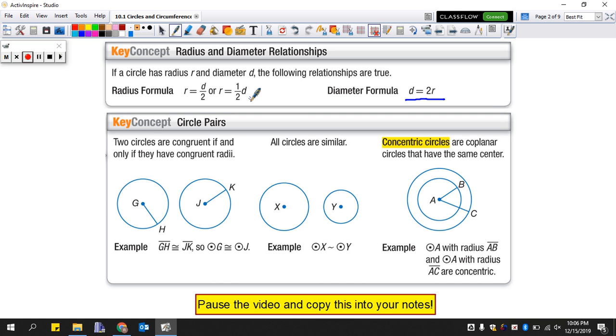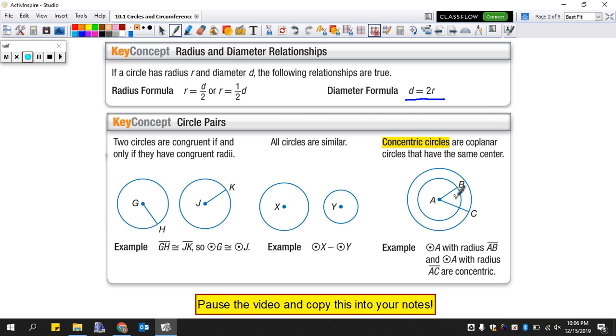All right, so circle pairs. If you have circles that interact with each other, 2 circles are congruent if and only if they have congruent radii. So if the radii of 2 circles are congruent, then that means the circles are congruent. All circles are similar, and concentric circles are 2 circles that have the same center, concentric.